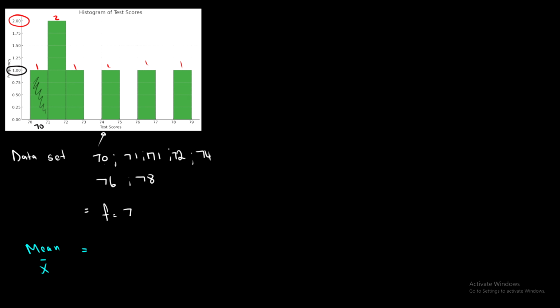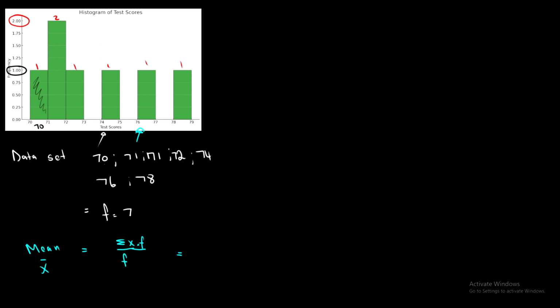So the mean in this case is going to be the sum of all my x values. These are my x values. And I can divide that by my total frequency. Or we can say the sum of my x values times my frequency, because in this case I have 2. How would this look?